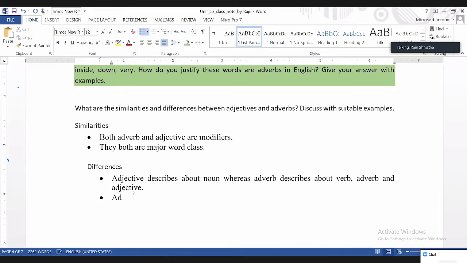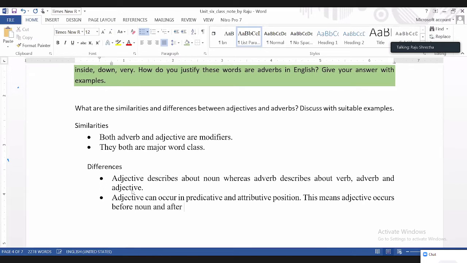Another difference, adjective कहाँ आउँछ? Adjective can occur in predicative and attributive positions. Adjective occurs before a noun and after a be verb.